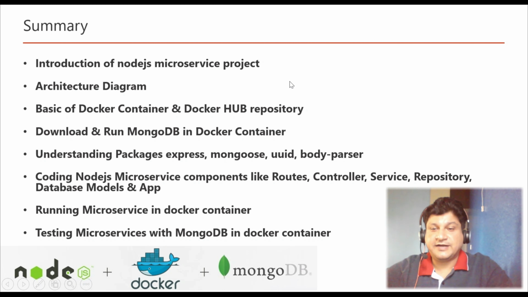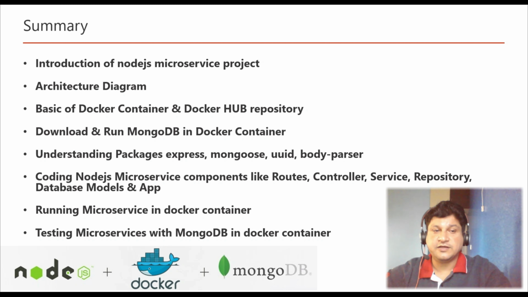Okay friends, so let me summarize what we learned in this tutorial today. I gave you an introduction of Nodejs microservice project with MongoDB in Docker container. Then I explained the architecture diagram. What are we trying to achieve in this tutorial today? Then I gave you a basic explanation of Docker container and Docker Hub repository. What is containerization? What is Docker image and all of that. Then I explained a few of the packages like Express, Mongoose that we are using in our project.